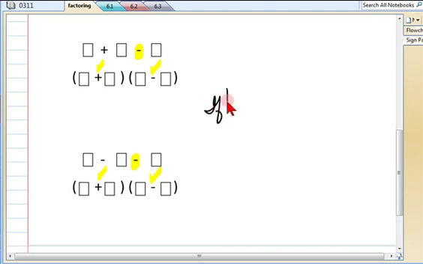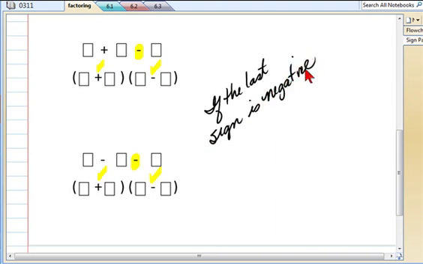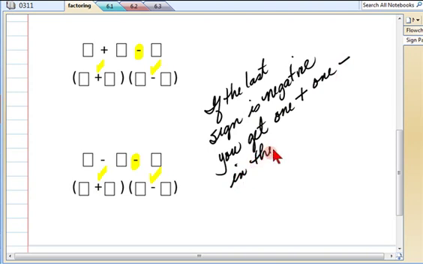So if the last sign is negative, you get 1 plus and 1 minus in the factors. Always.